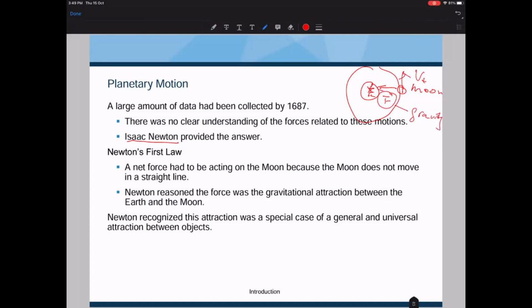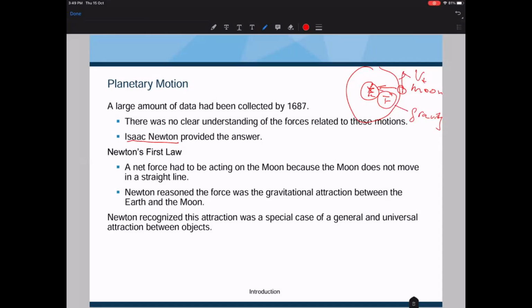So it seems that it is a reasonable explanation. You have the centripetal force provided by gravity, and the moon happens to have some tangential velocity. So, happy ending, you have a circular motion.